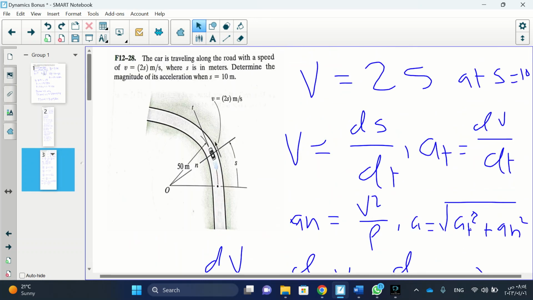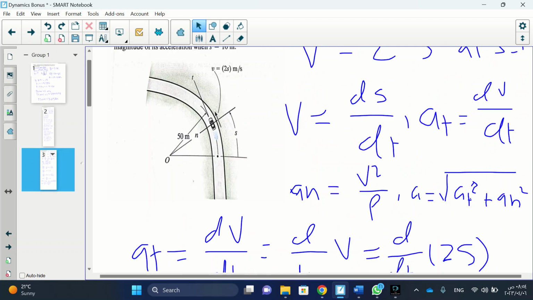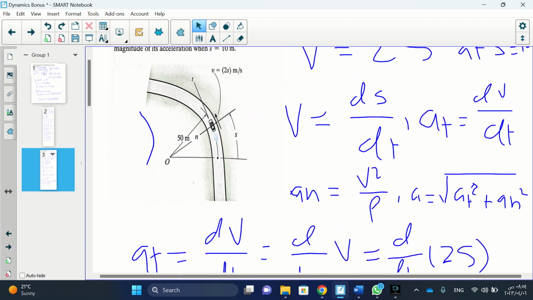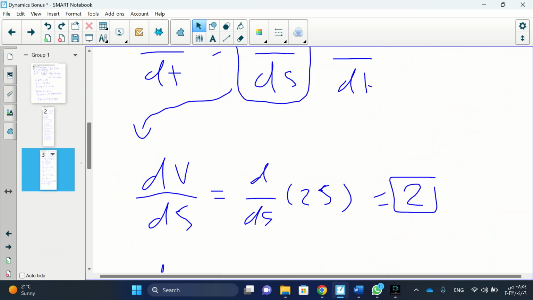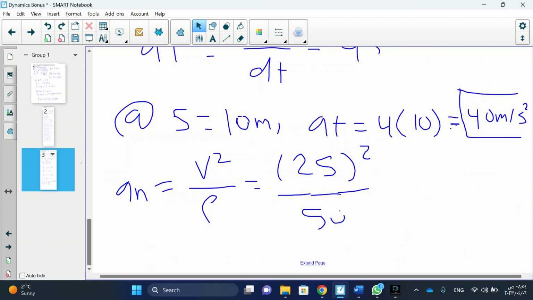From the question, rho is equal to 50 meters. This is the point, and rho is equal to 50 meters. So since rho is equal to 50 meters, we will divide by 50.